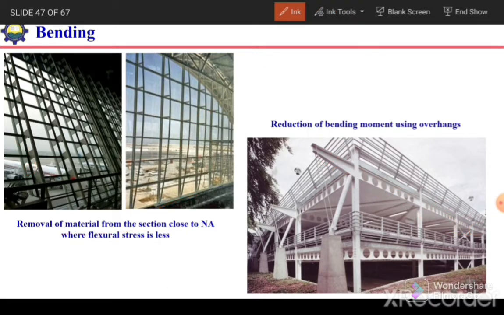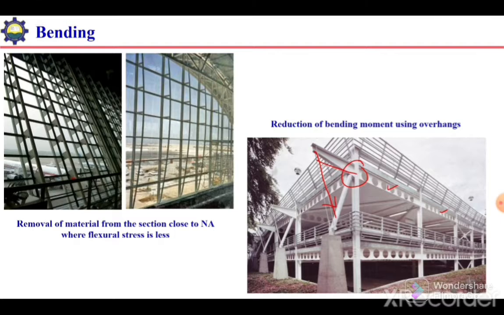To avoid that, and keep the depth the same as that of the interior panel, we can change this support condition and make it continuous by extending this beam and adding some overhangs. We apply a force in this direction at the end of the overhang, and this makes this internal support act as a continuous beam. So by just changing the end condition, we have reduced the bending moment. As a result, the required section will be less.